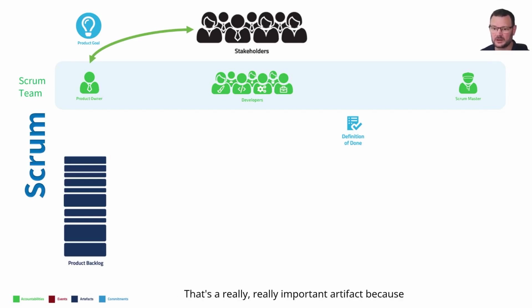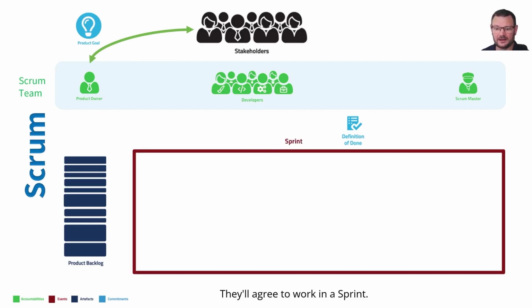That's a really, really important artifact because it builds a common understanding of what complete work should look like. They'll agree to work in a sprint. Now, a sprint is a time box of less than 1 month. And this will manage risk, it'll help keep your stakeholders engaged, and it breaks things down into small enough chunks so that we can understand it.